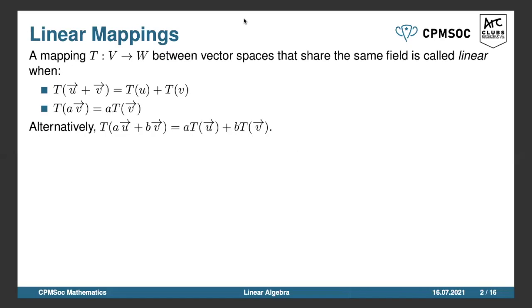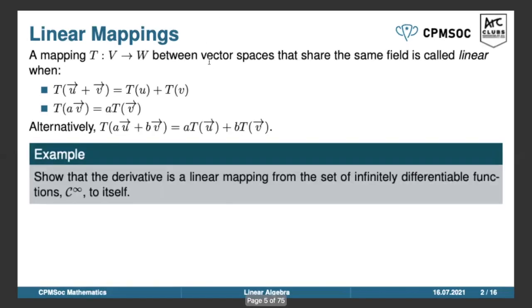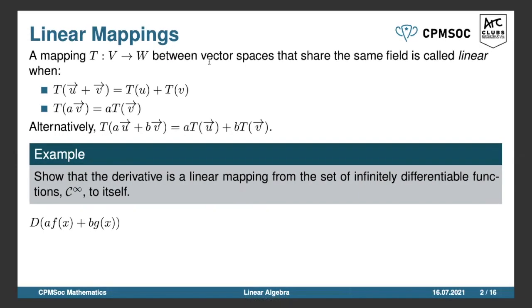Can we go to the next example? Yep, so in this example, we have to show that the derivative is a linear mapping from the set of infinitely differentiable functions C to itself. So maybe we'll give you guys a minute or 2 to think about how you can approach this question.